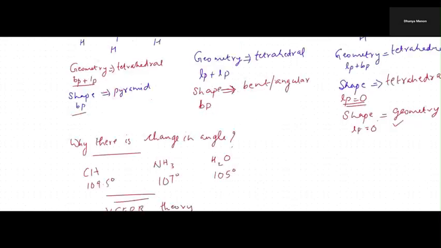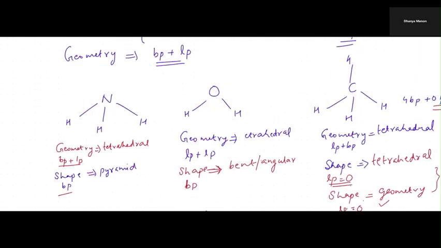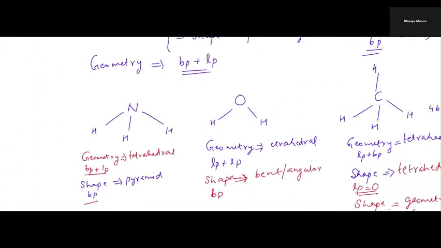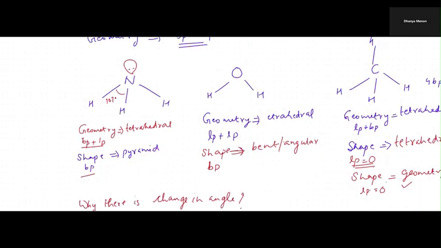Okay, so let me take the ammonia here. In ammonia, there is one lone pair of electrons, right? The bond angle is 107 degree. The geometry is tetrahedral, but the shape is not tetrahedral. Because by electron pair, I mean it can be bond pair or lone pair, or both of them.